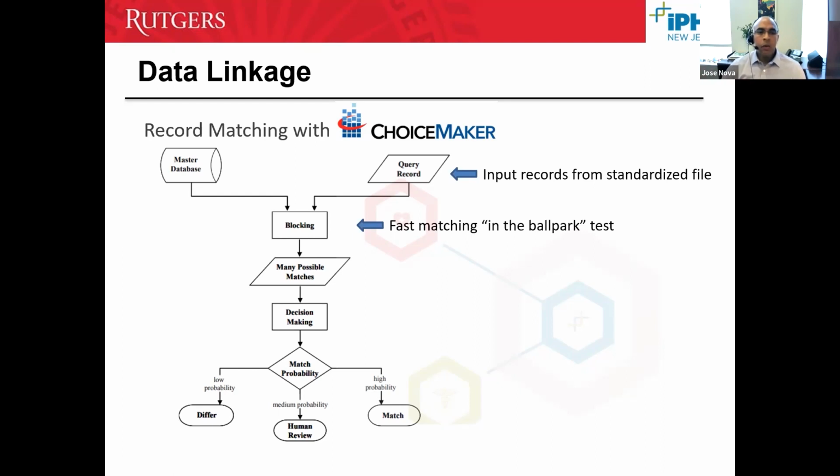As you know, the quality of data can vary. So this initial fast matching asks: are these records in the ballpark? This is used to narrow down the number of records that need to be processed by the higher precision, more computationally intensive stages that happen later on.